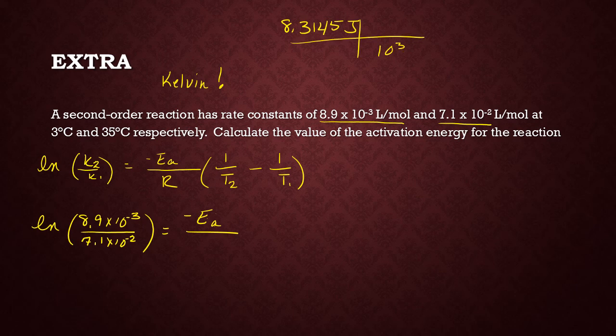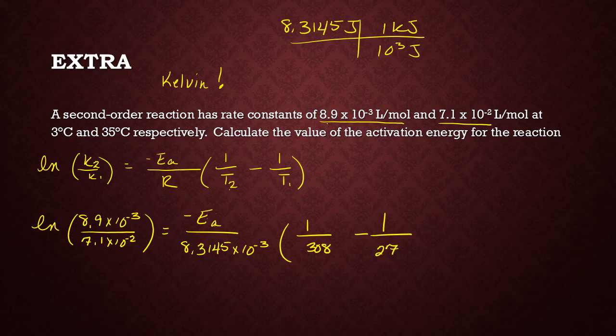I know that 10 to the third joules are in 1 kilojoule. So here we need 8.3145 times 10 to the negative third, parentheses, 1 over, this is where we need our second temperature, so that's 35 degrees Celsius, which means we're going to take 35 plus 273 and end up with 308, minus 1 over 278. No, 275.